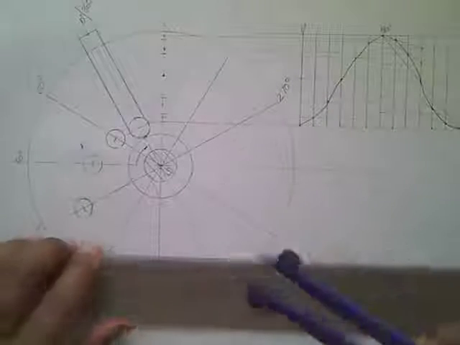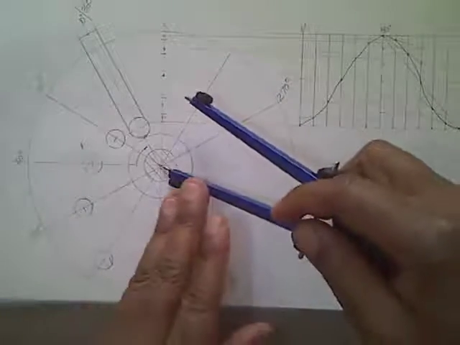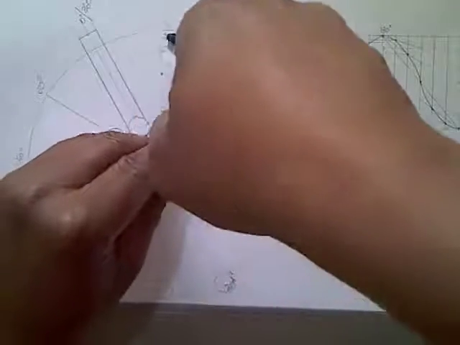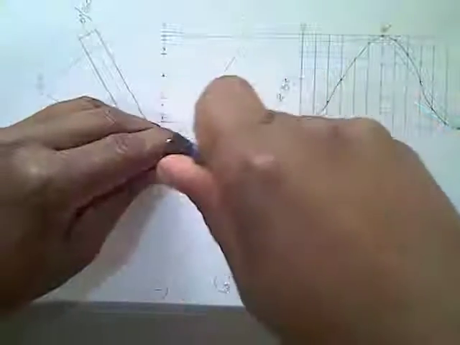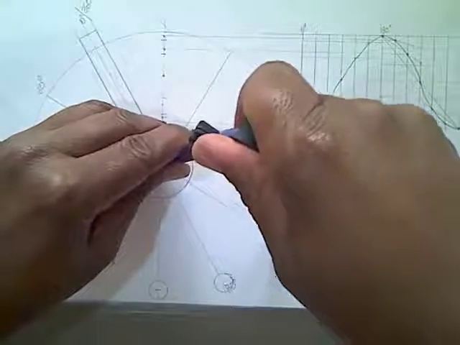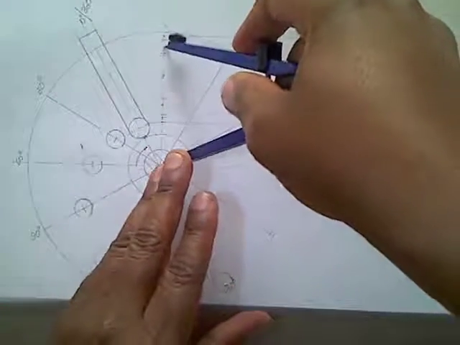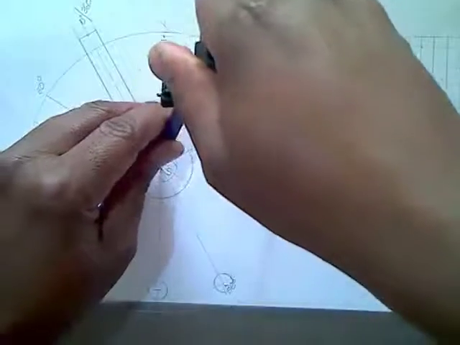Now let's start. It starts from the top. From the top, that goes here, 210, and then lower it goes to 240.